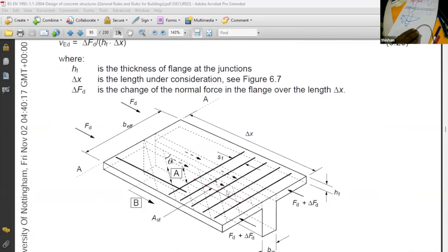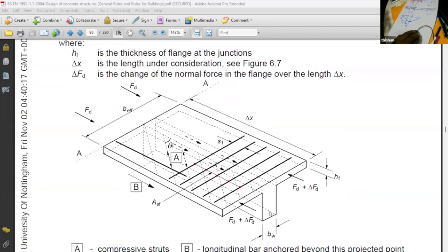So you get shear along this particular surface. Can you see? The diagram is very clear. It's a diagram given in the code. And what happens? Can you see this force FD? What is the force here? FD plus delta FD. So what happens? This side is having more force than this side. So you can't have equilibrium. It might break.